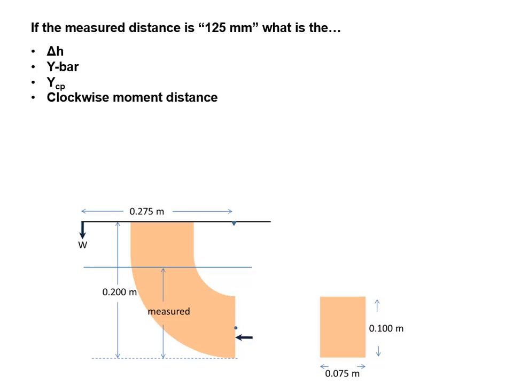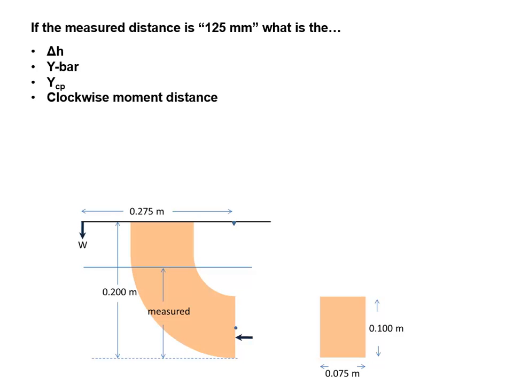So that 115 grams is 0.115 kilograms. Multiply that by G, and that gives us 1.12815 newtons. So that is how much weight is on the end here, counterbalancing the hydrostatic force.